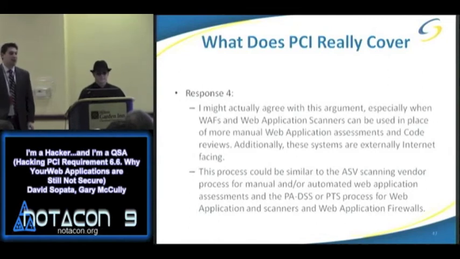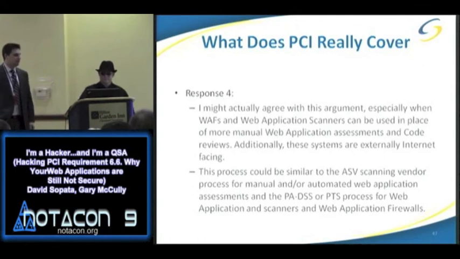We had to talk with the actual card brands and also with some of the council. Their response to the client was, you should have gone with someone else to get your second quarter scan. So sometimes PCI can be tough on things that make sense, and sometimes tough on things that don't quite make sense.